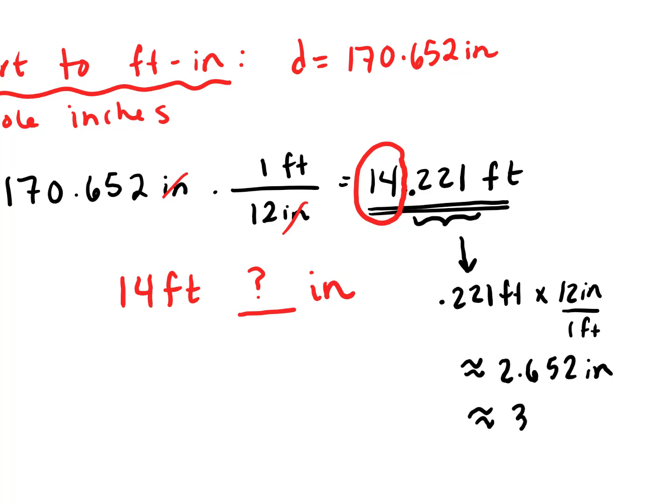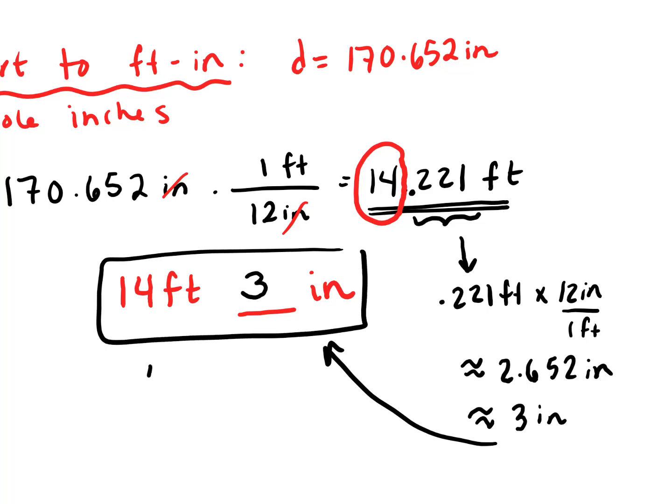So that is approximately 3 inches remained. We ended up with 14 whole feet and 3 inches. As a mixed unit, we could say 14 feet, 3 inches for the diagonal.